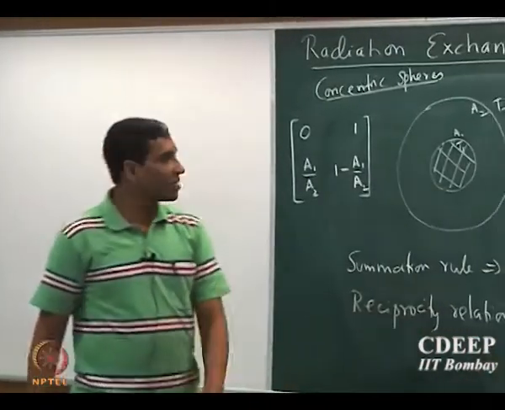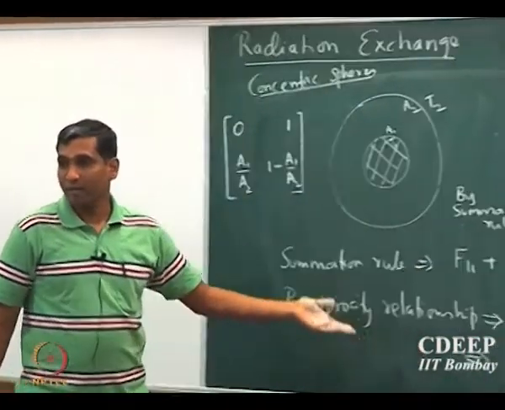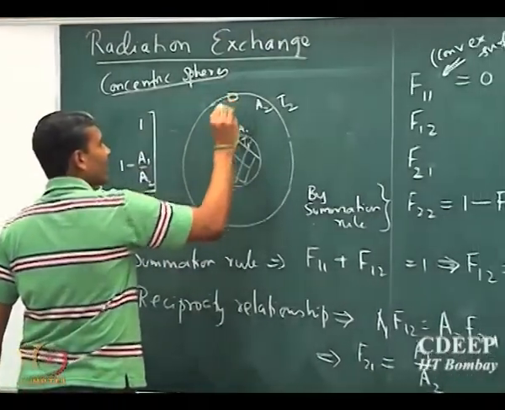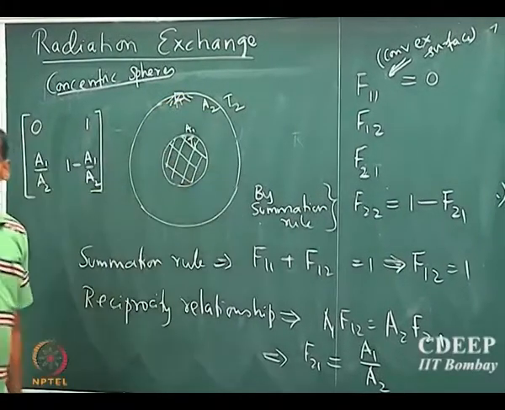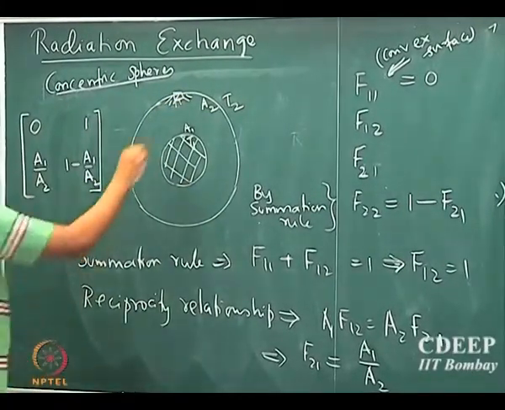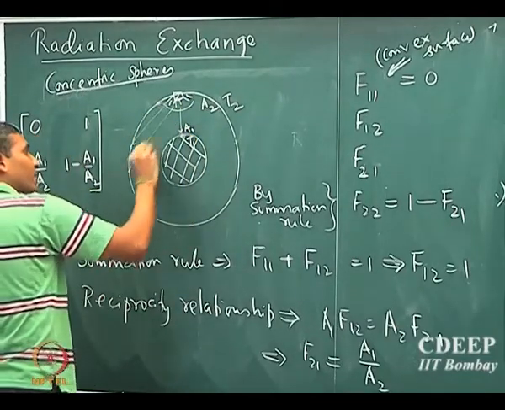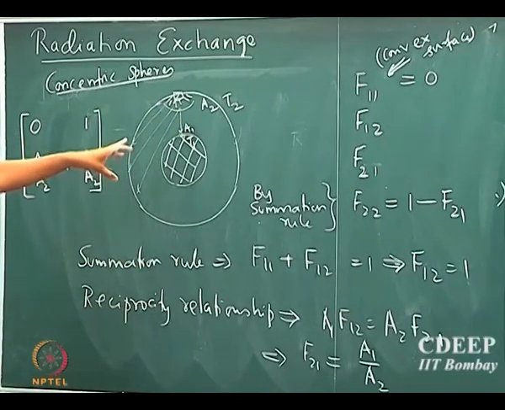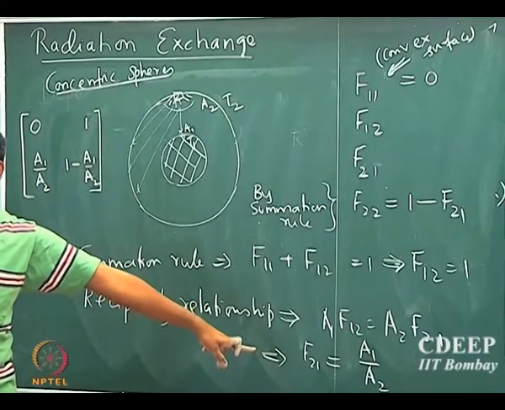So the question is, if I take a differential element, how do I make this argument? If you take a differential element here, it is emitting radiation in all directions equally if it is a diffuse emitter, and some of it is received here and some of it is received at some other place. One could construct three-dimensional angles, and if you do the integration, this is exactly what you will find.